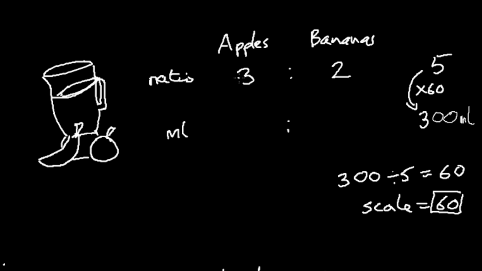If you want to find out what amount of mils of banana and apple juice you need, you're also going to times these by 60, because you use that same scale each time. Once you find your scale, that's the only number you'll need to change these things from one to the other. This one is going to be 120, and this one's 180. You can tell if you've done this right because 180 and 120 add back up to 300 mils.